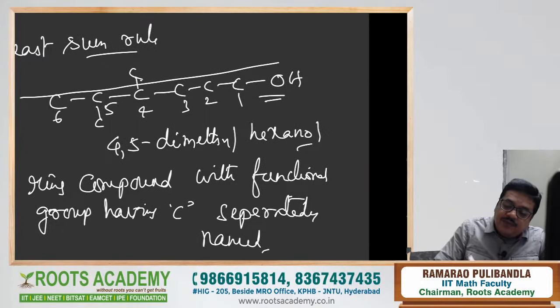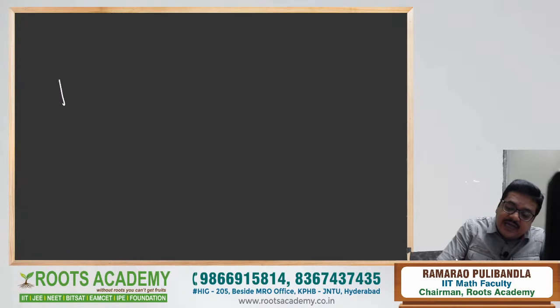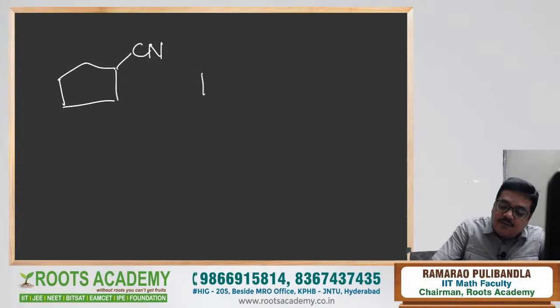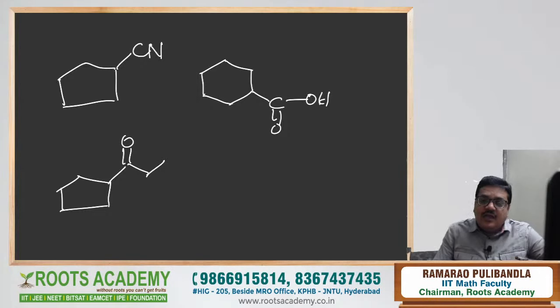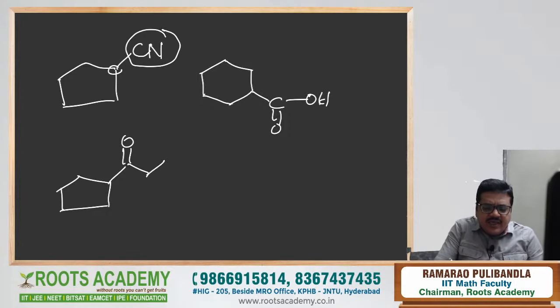For example, if the compound is like this, how to write the name? Whenever a ring is outside the functional group, this ring is considered as a branch.